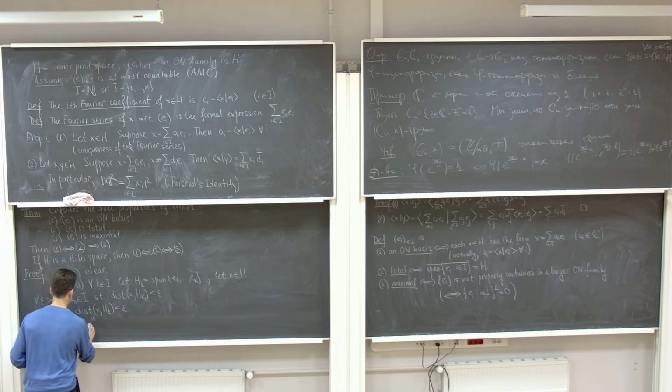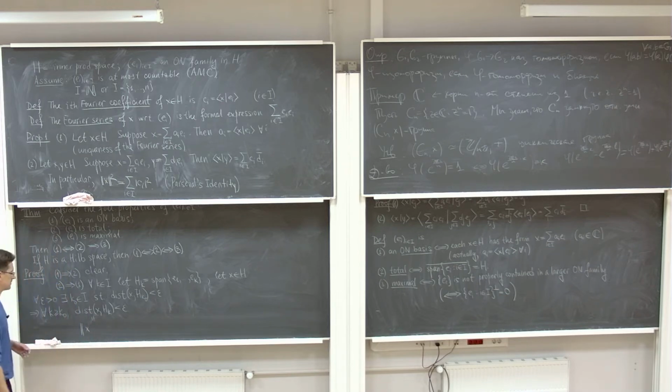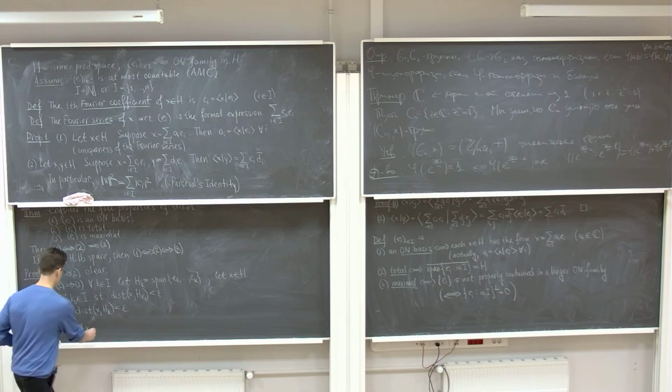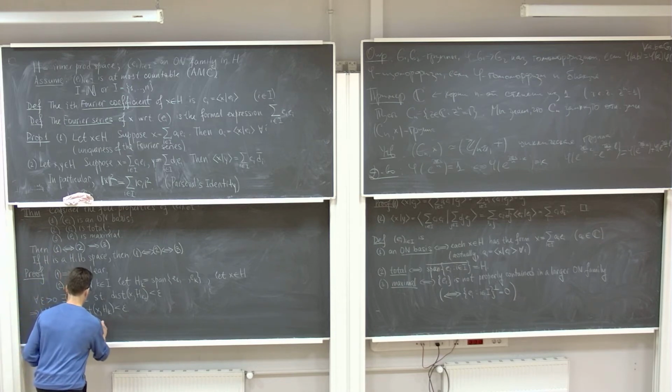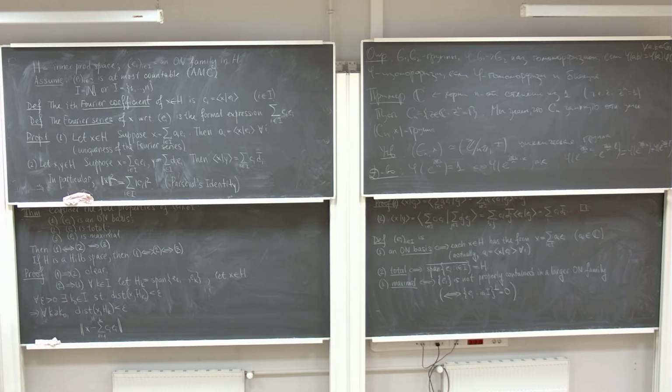This distance is the distance between x and the orthogonal projection of x onto hk. And the orthogonal projection is given by the following explicit formula, sum ci ei, where the sum is taken from 1 to k. This equality was proved at the previous lecture.